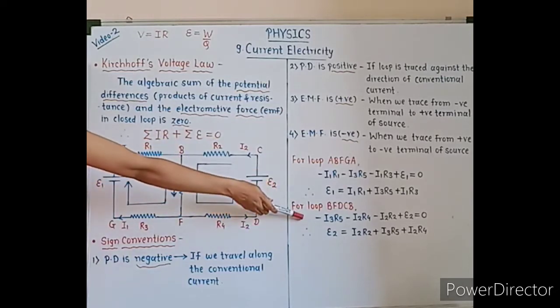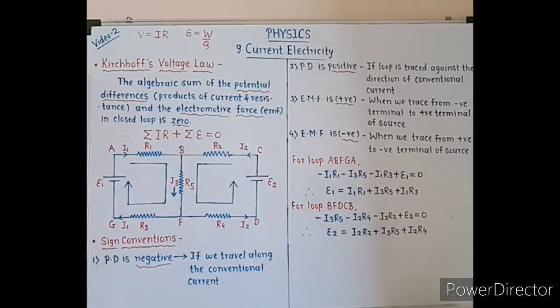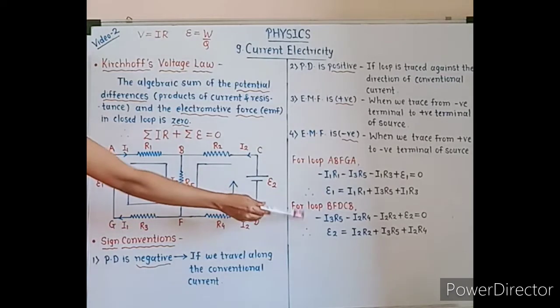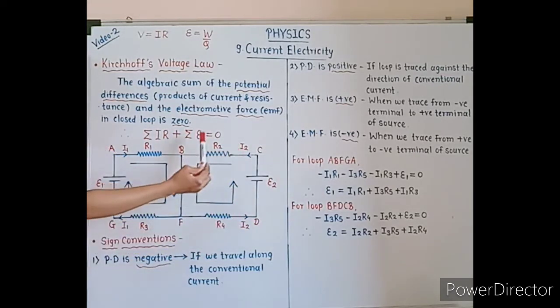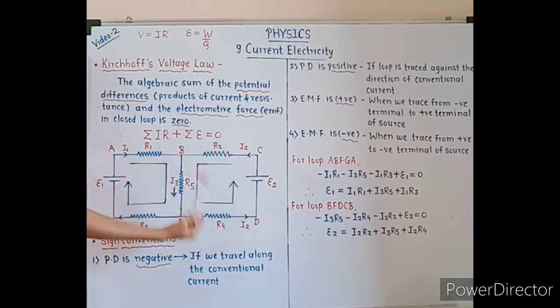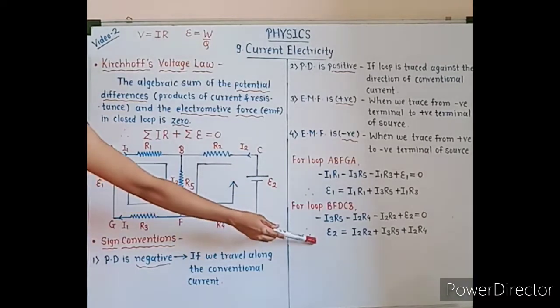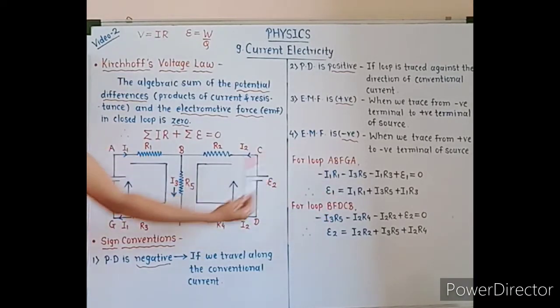So we get plus E2 is equal to 0. The equation is minus I3 R5 minus I2 R4 minus I2 R2 plus E2 is equal to 0. By rearranging the terms, E2 is equal to I2 R2 plus I3 R5 plus I2 R4.